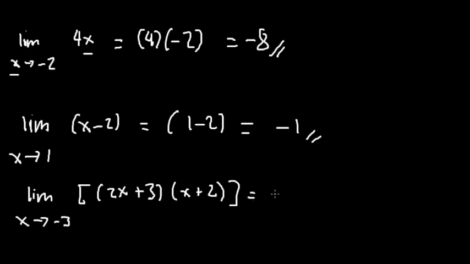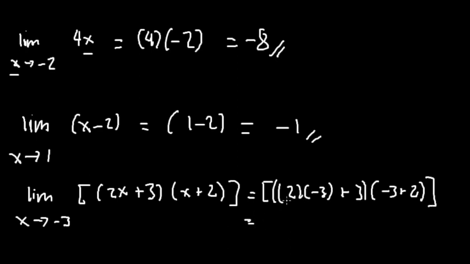Now, katulad nga ng sabi ko kanina, let's just substitute the value that the variable is approaching. So in this case, -3 yung ina-approach niya. So we just substitute 2 times -3 plus 3, times, kaya pa natin isang parenthesis, times -3 plus 2.